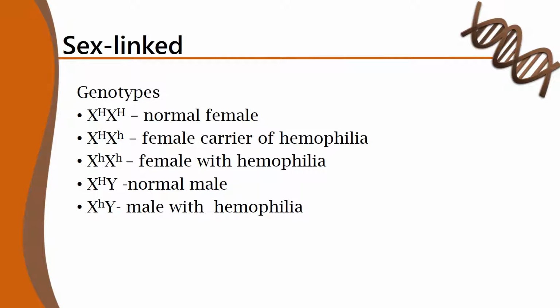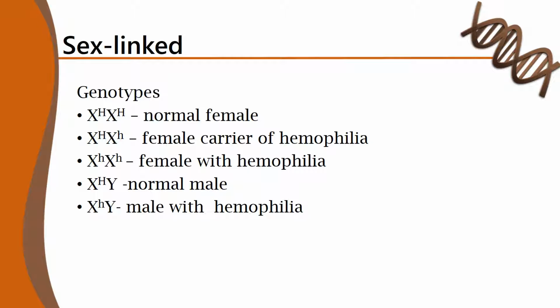So in the case where a normal female has both of the dominant traits, so in this case, the big H and the big H, they're a normal female. If you're a female carrier, you would end up having the little h on one of the X's. In this case, we'd be looking at the sex-linked condition called hemophilia.